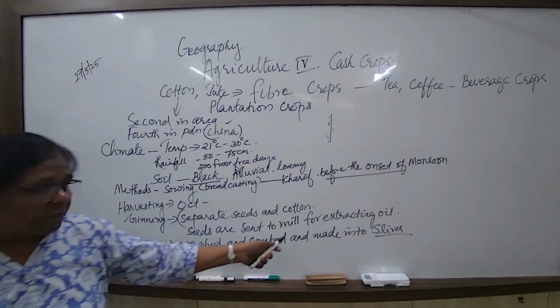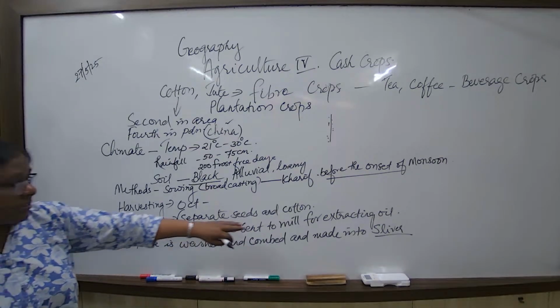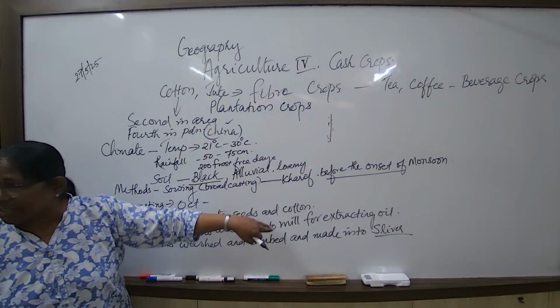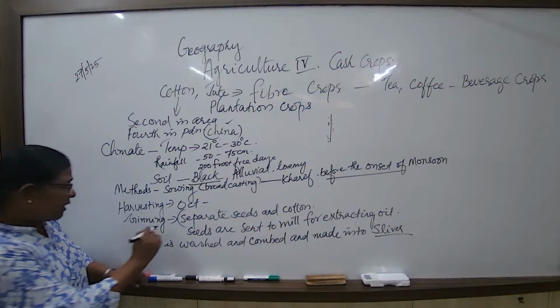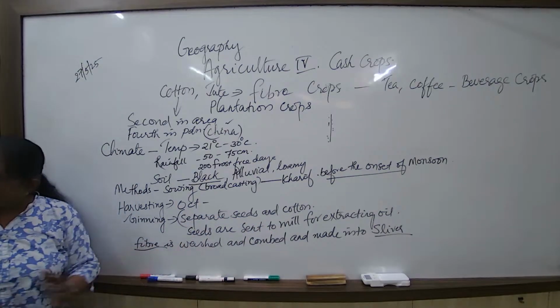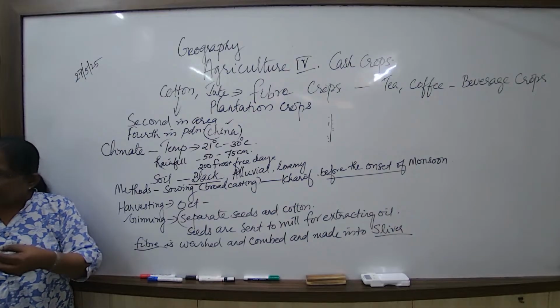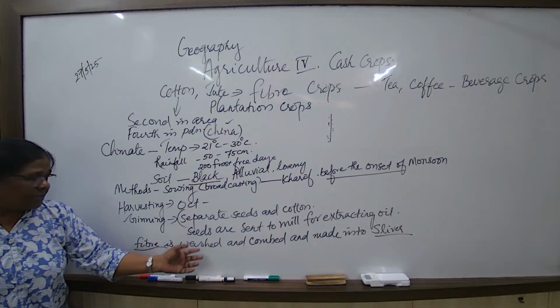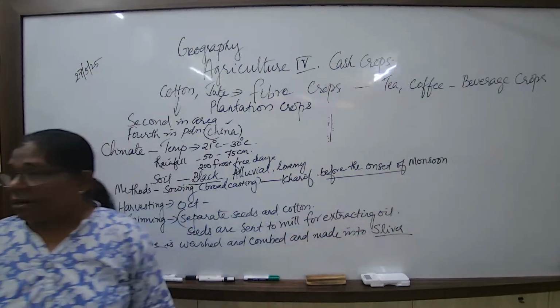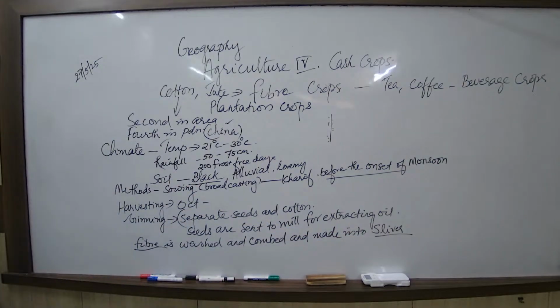Understood? After extracting the oil, the seeds are used only for extracting oil. Here we separate the cotton fiber, that is the thread. That fiber is cleaned, washed and combed, and that material is called sliver, not silver. Please write sliver.